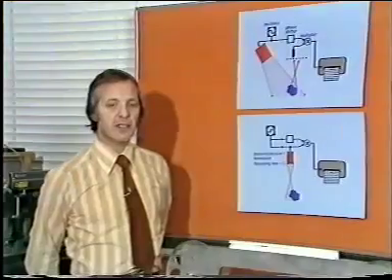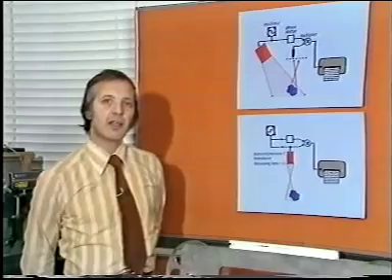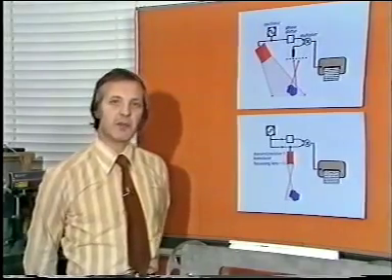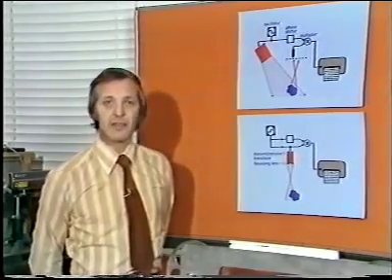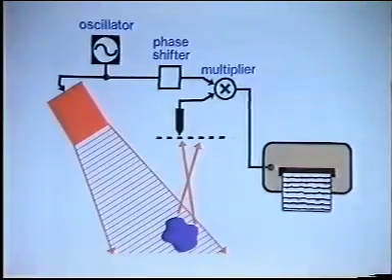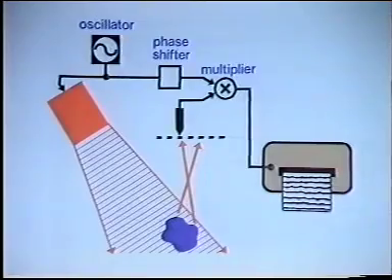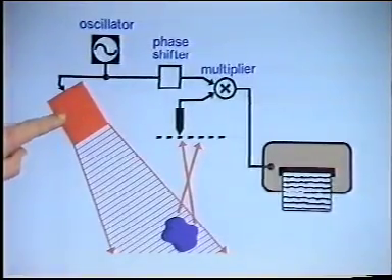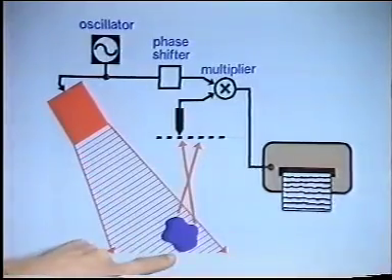Now, this is a somewhat clumsy arrangement because the reference beam has to be reflected off a plate. So this next picture will show us what we can do about that. In this particular case, we still have the transducer which is generating the beam down onto the object.